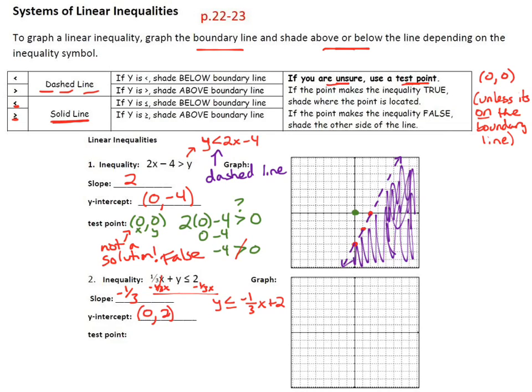So we're going to start by graphing our y-intercept at that point 0, 2. And then with our slope of negative 1/3, I'm going to count down 1 to the right 3, and down 1 to the right 3. Now this time I have that or equal to, so that means I'm going to have a solid boundary line.